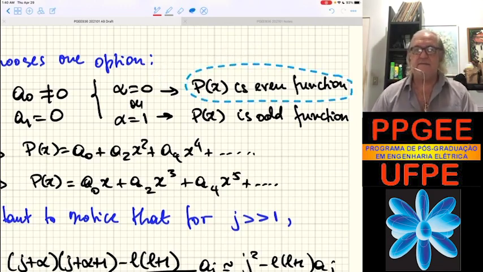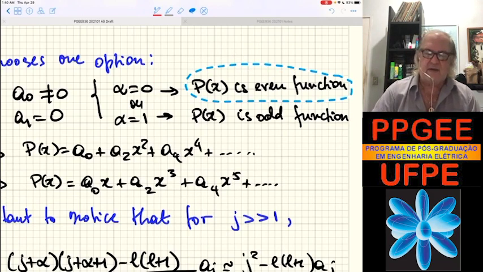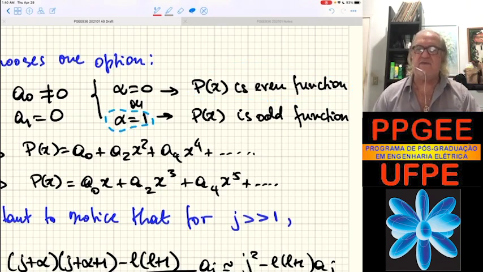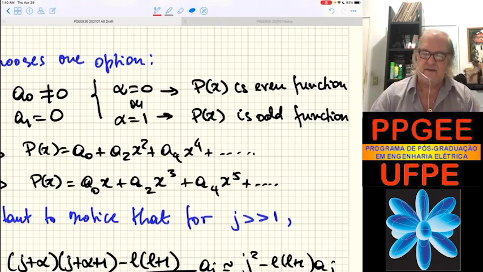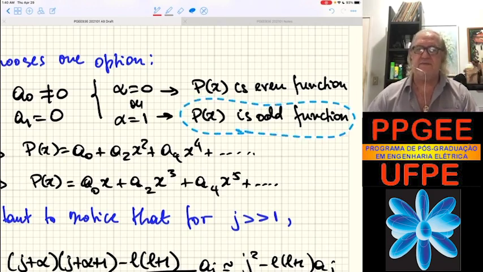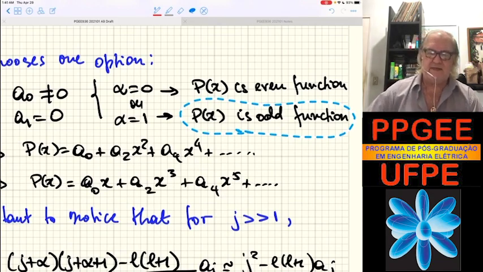We're going to have an even function of x. If I go to the second possibility, it means that the lowest order power is x raised to the first power. And obviously, you're going to have coefficients that are related in steps of 2. You have only odd coefficients, and you're going to have P of x as an odd function. So that's what we have.